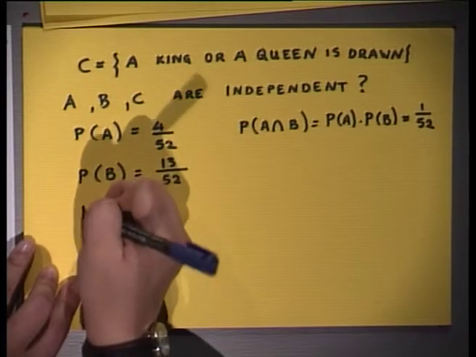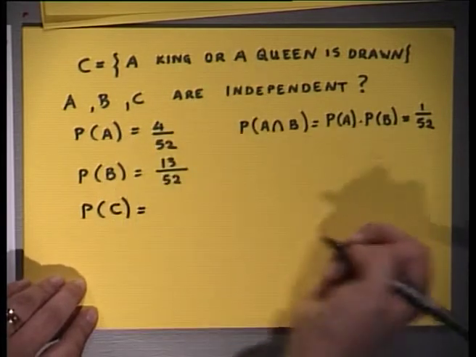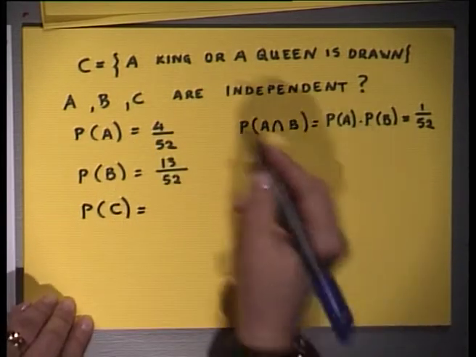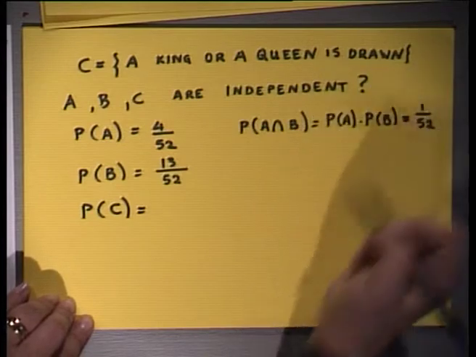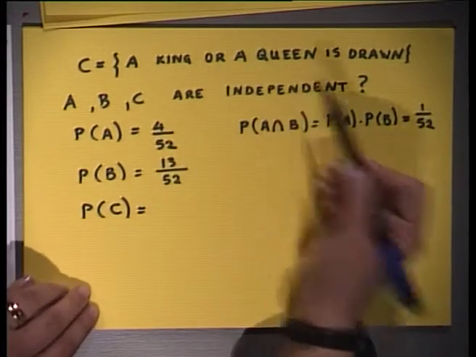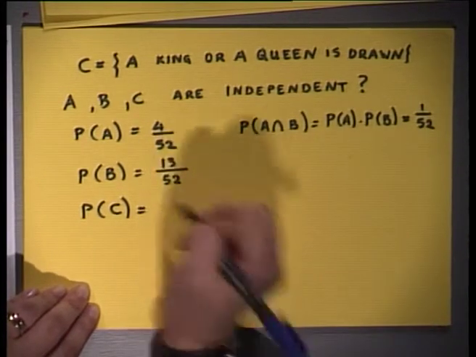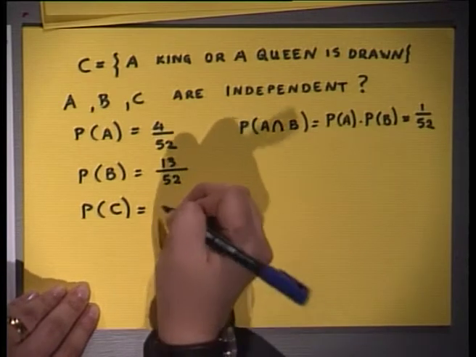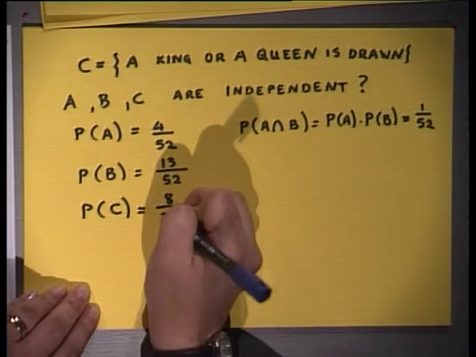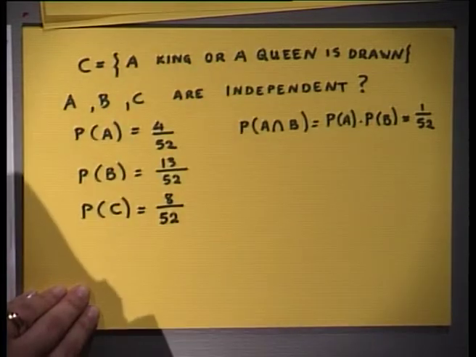And finally, we calculate the probability of C, which is a king or a queen to be drawn. We have 4 kings and 4 queens in our deck, so the probability of C is 8 out of 52.